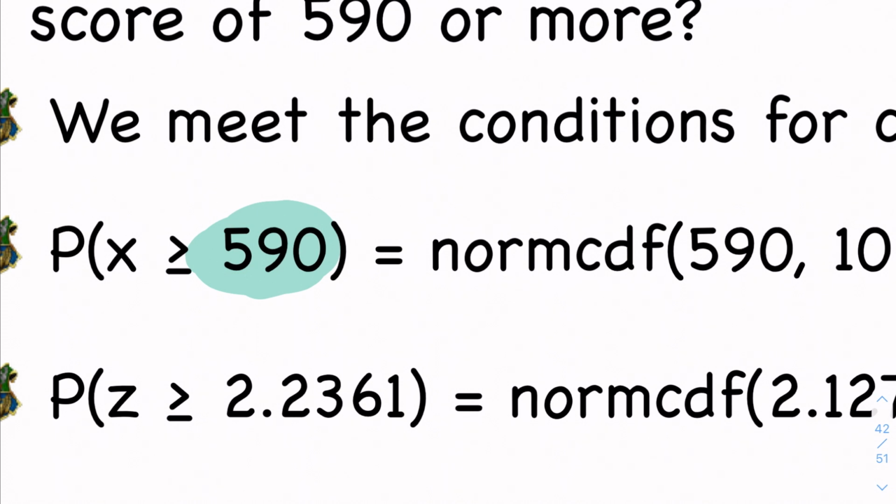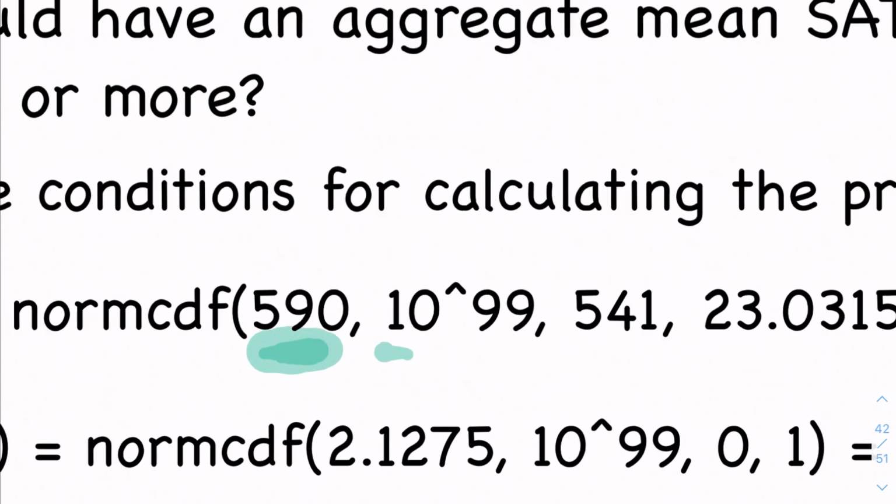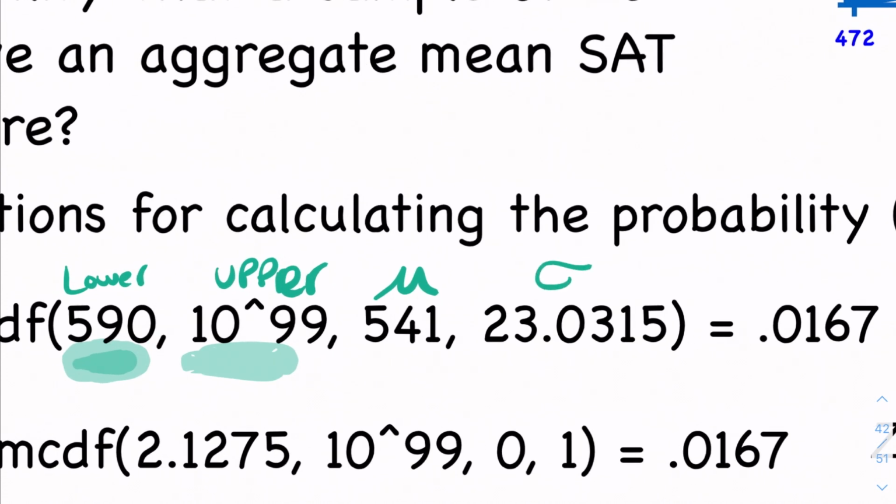We are using a normal model, so we can go normal CDF. Our lower bound, our upper bound, our mean, and our standard deviation. And I'll just write this for our purposes, standard deviation over the square root of n.